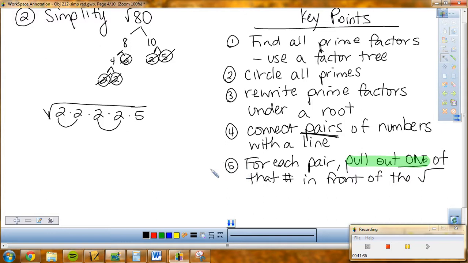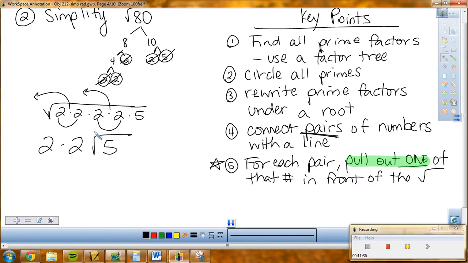Step 5, our most important step. For each pair, I want to pull out one of that number. So I have a pair of 2s, so I'm going to pull out a 2 for this group, and I'm going to pull a 2 for this pair as well. So I pull out a 2 for the first pair, a 2 for the second pair, and then my 5 stays inside.